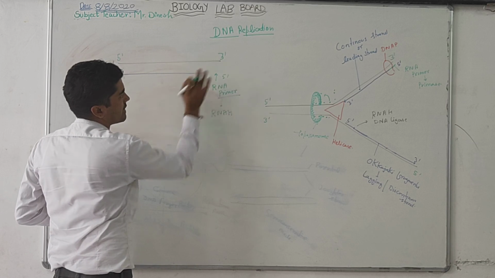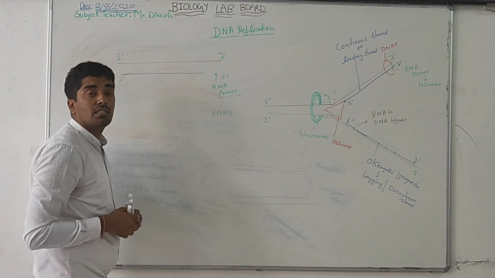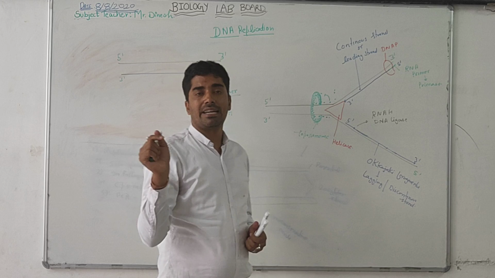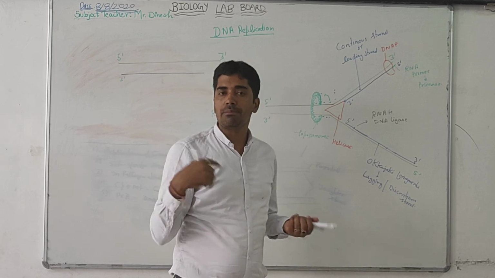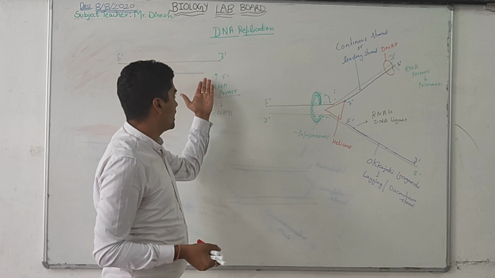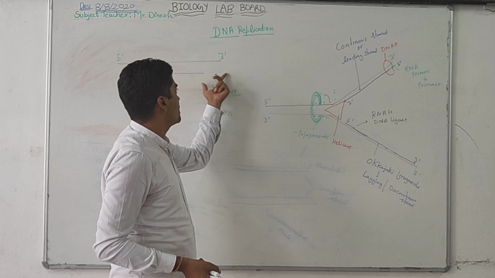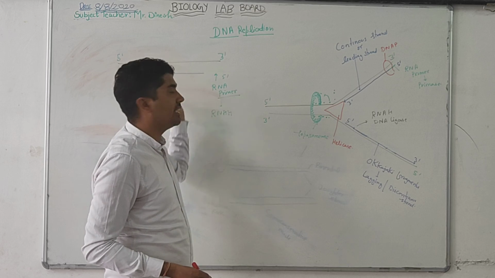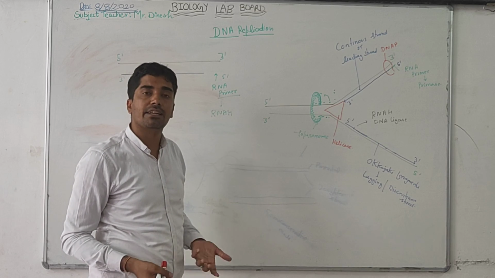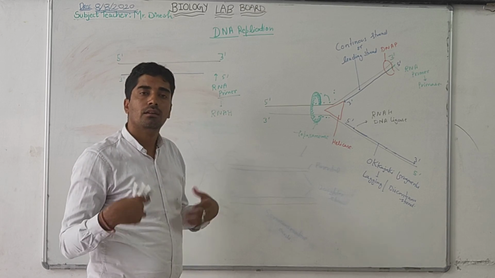So here some sequence is missing. We cannot add this sequence because DNA polymerase cannot add without primer. If the DNA polymerase has to add this sequence, there will need to be some primer, again the same problem: primer, then DNA sequence. DNA polymerase cannot act without primer.